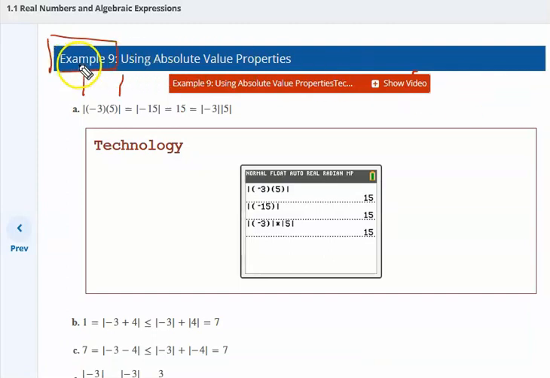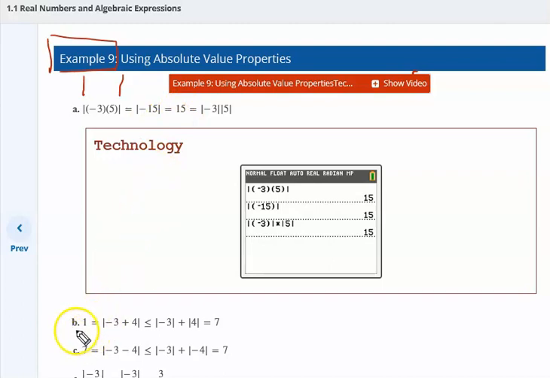Okay, so in example 9, we're looking at letter A, and here the absolute value signs are also a grouping symbol. So we do what is inside. -3 times 5 is a -15. The absolute value of a -15 is 15.